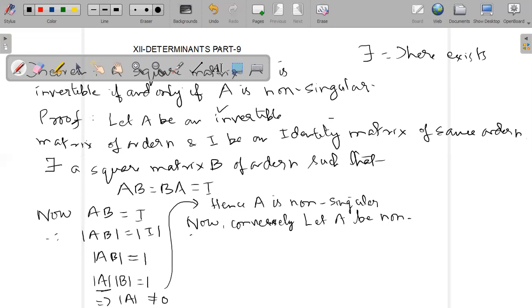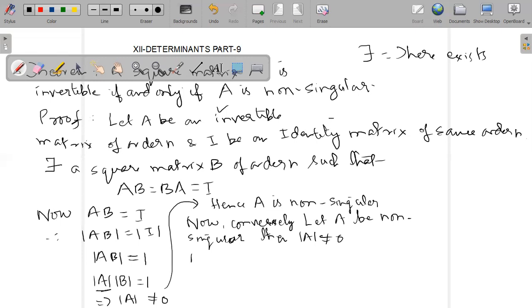Let A be non-singular. If it is non-singular, then we can say that determinant of A will not be equal to 0.